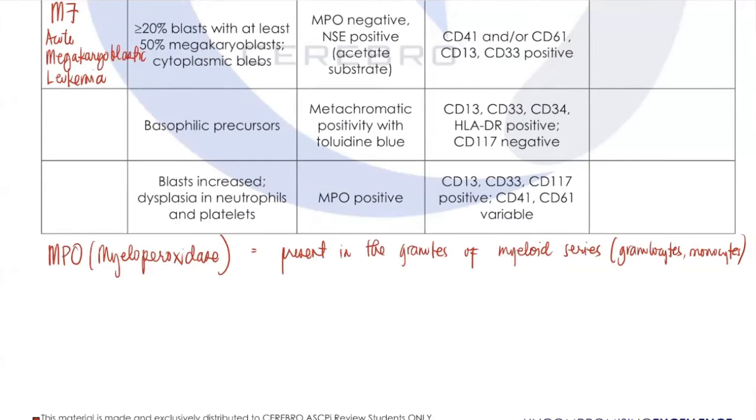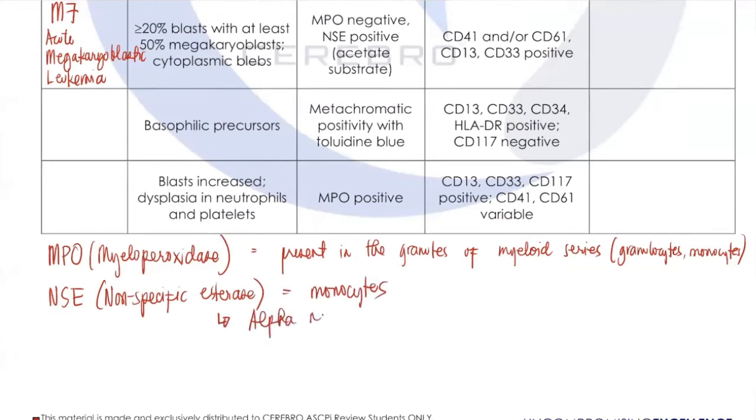Okay? Then we have the NSE, yung ating non-specific esterase. So for the non-specific esterase naman, kumbaga mas intense yung staining dito ng ating mga monocytes. Mga monocytes naman yung sinistain nito. So meron tayong dalawang non-specific esterase. We have the alpha, depende sa substrate na ginagamit.